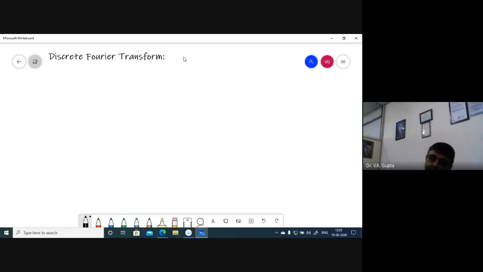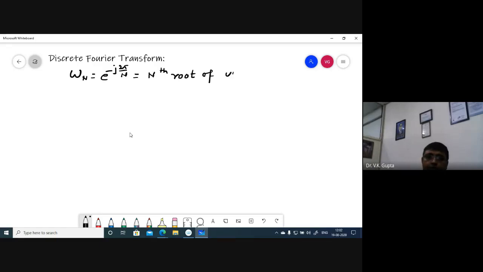In the last class, I introduced one term that is called the twiddle factor, W_N, which is equal to e to the power minus j 2 pi by N, and this is the Nth root of unity.